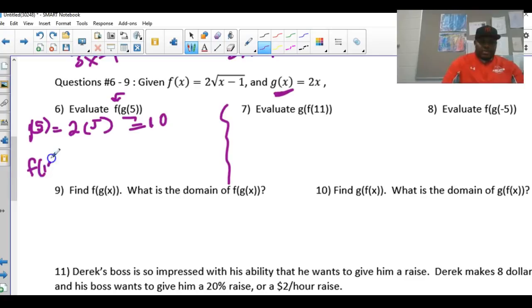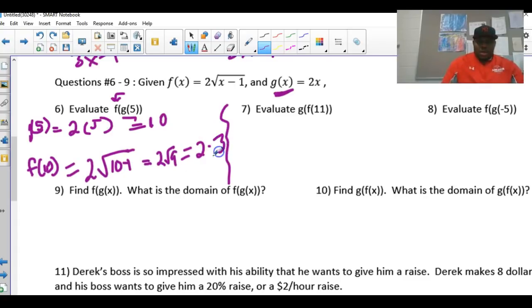So f of 10 is 2 times the square root of 10 minus 1, which is 9. The square root of 9 is 3, and 2 times 3 is 6. So f of g of 5 equals 6.